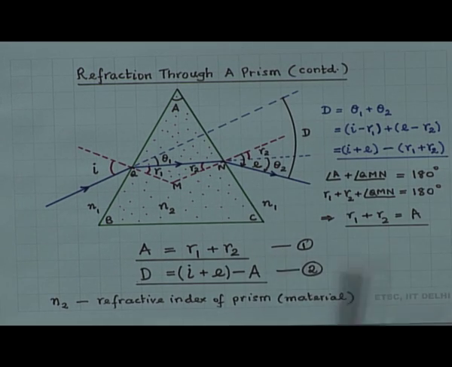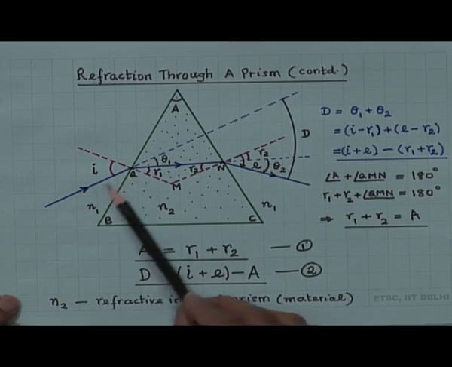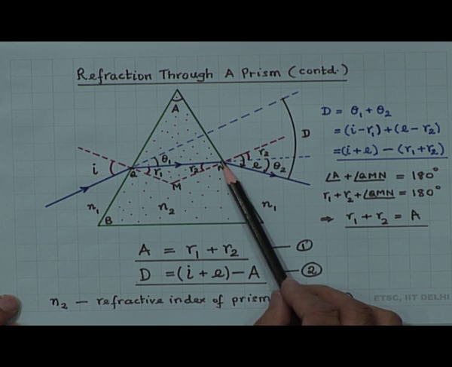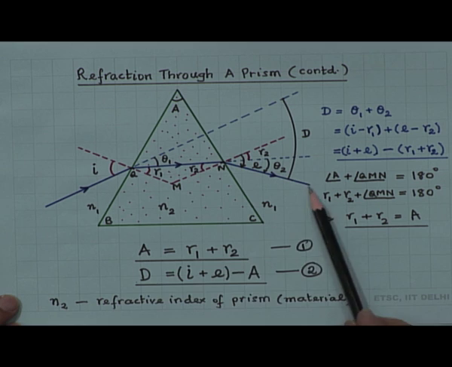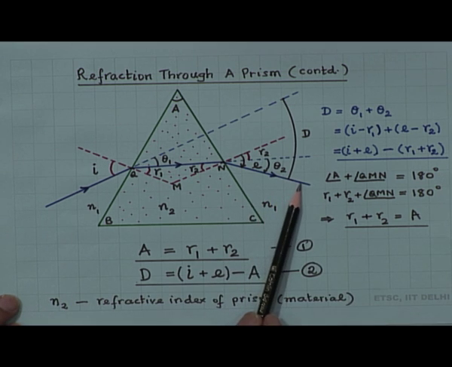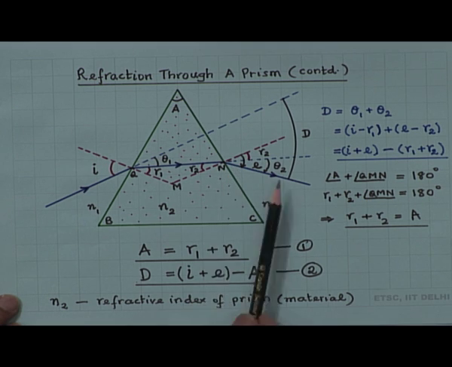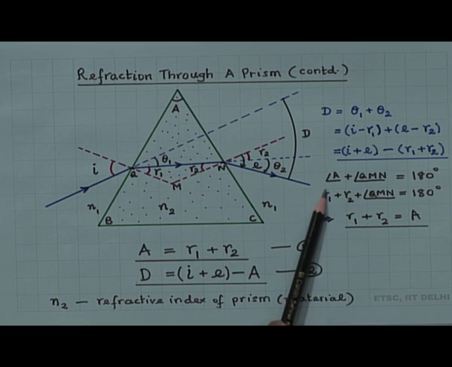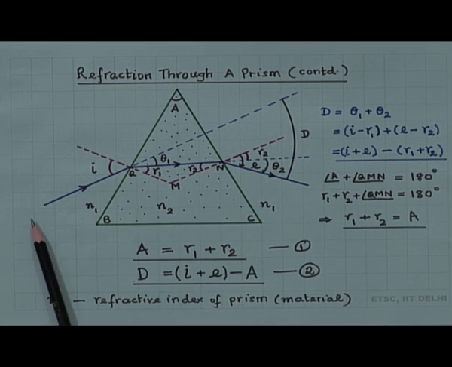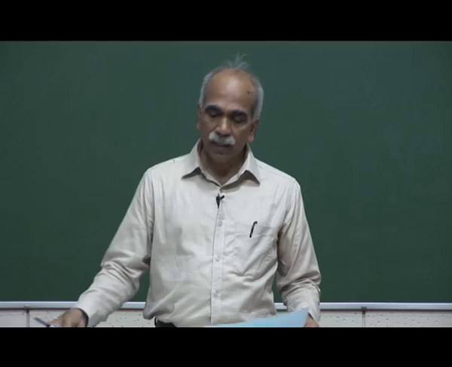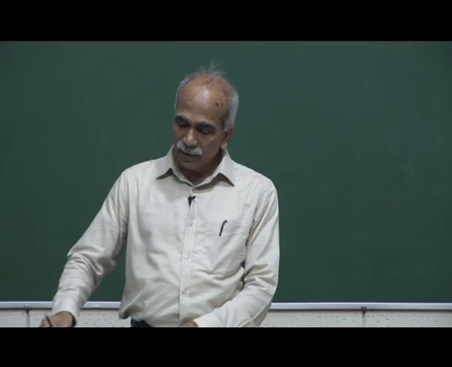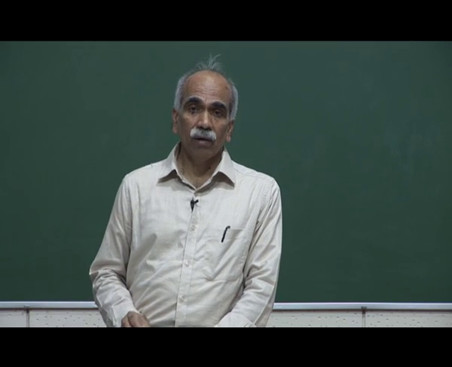Now, this is when the ray comes in this direction and refracts and emerges out from here. What if the ray were to be incident from this direction along this path? The reversibility of light says that the ray would trace the same path again. So, let me show this slide here, and we see the reversibility of light.